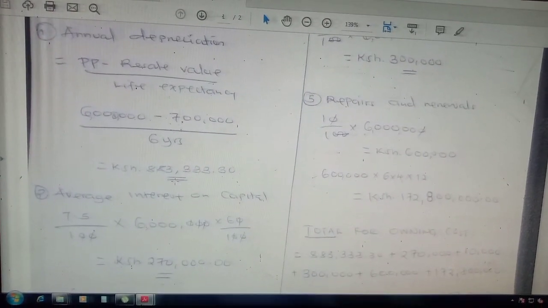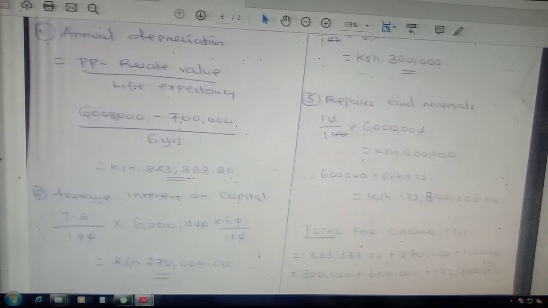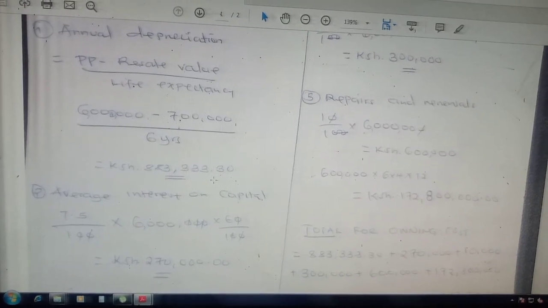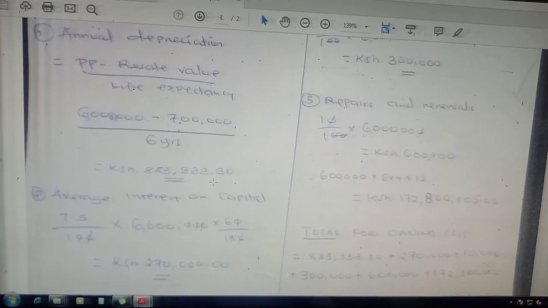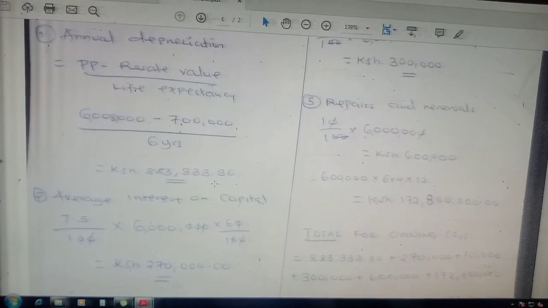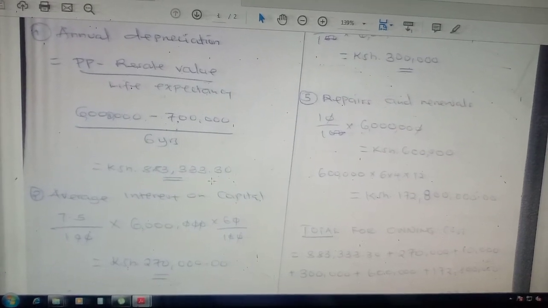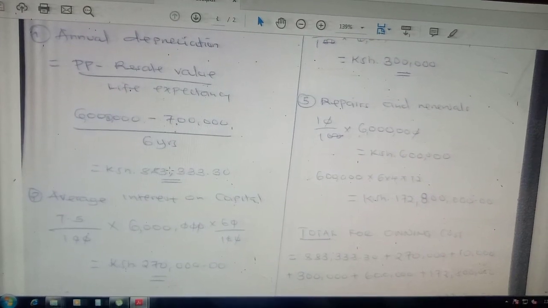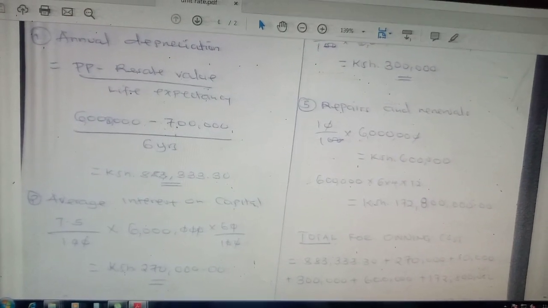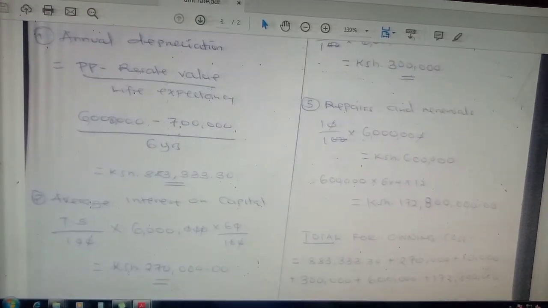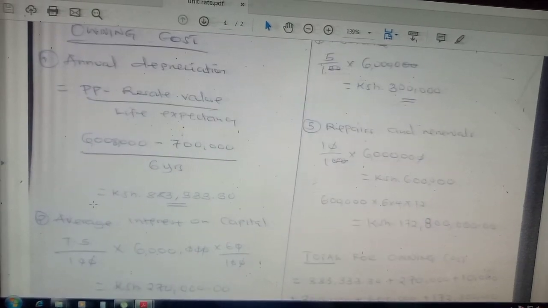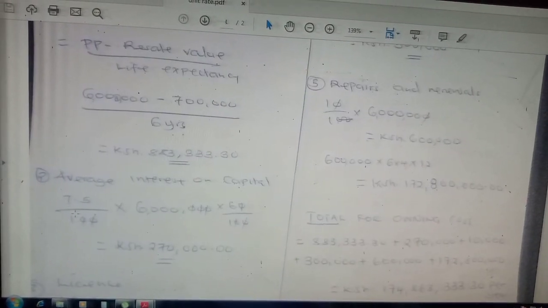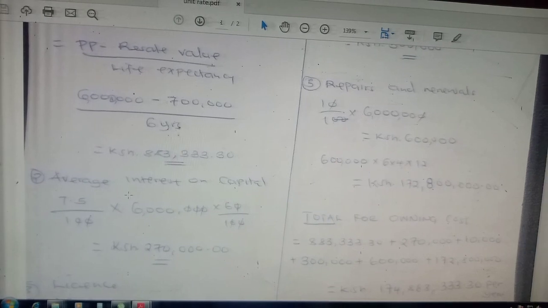After calculating that, you'll get 883,333 and 30 cents. So that is the annual depreciation of that machine after 6 years of its work, yearly I mean. Okay, so the next owning cost, the next item, is the average interest on capital.